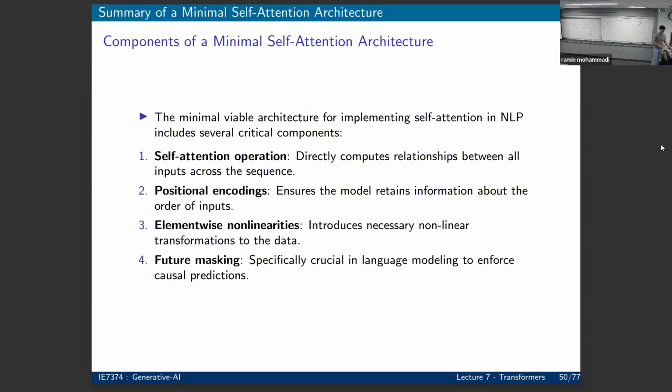All right, so now, the overall components if you want to build a minimal transformer: you need a self-attention block, you need a positional encoding, you need to introduce some nonlinearity, which is the feed forward, and you need to do feature masking. So technically, you need 4 components. One component does the self-attention, because it repeats in both places, encoder and decoder.